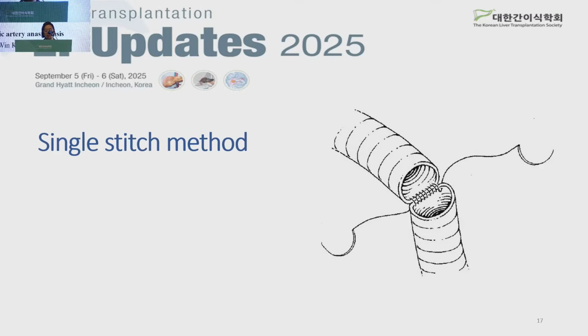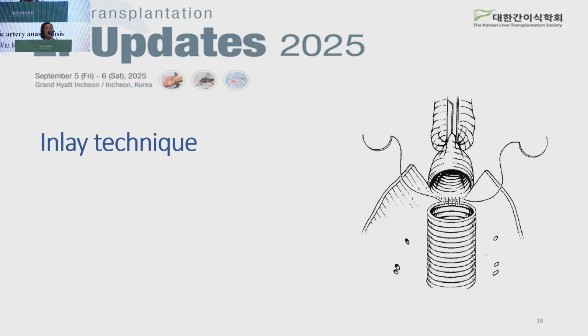This is the single stitch method. This is the inlay technique. These techniques we use every day because in Myanmar we have no endovascular intervention. That's why every day we anastomose for elective abdominal aortic aneurysm or ruptured aortic aneurysm. We use the open technique at that time. I use this inlay technique.